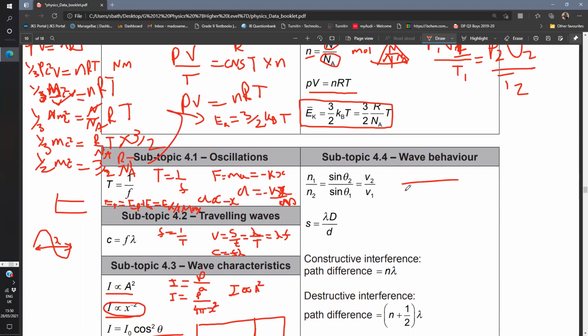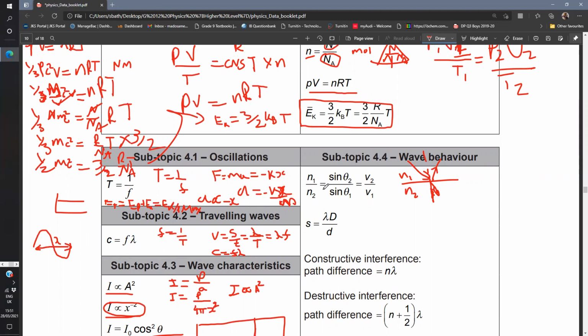Let's say this is n2, this is n1. We always draw that. This is incident, something is reflected, and something is refracted along this normal line. So this is pretty much given.